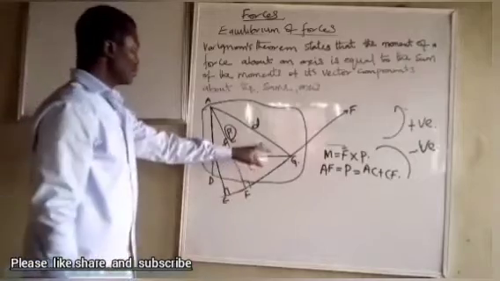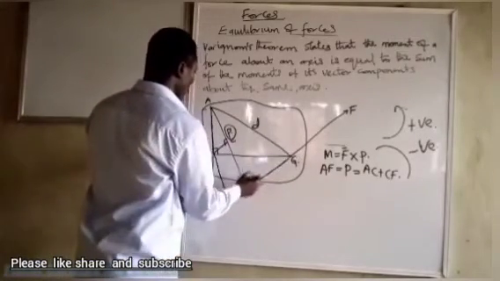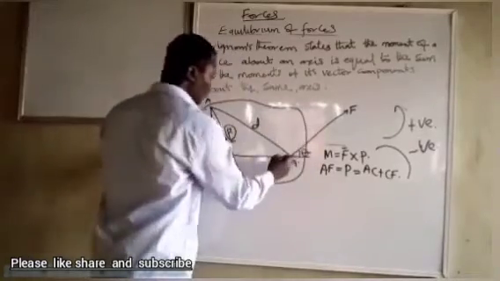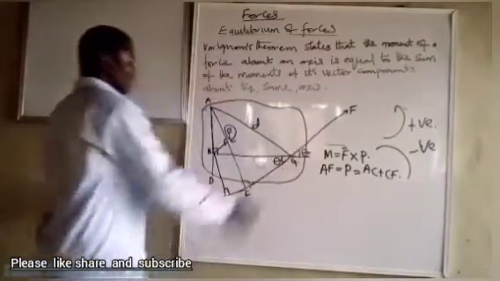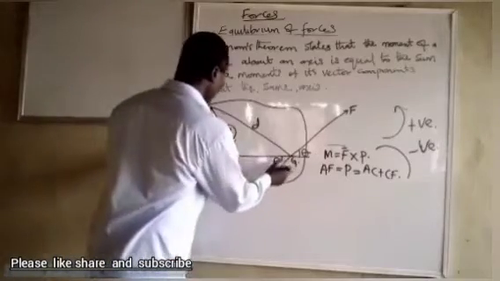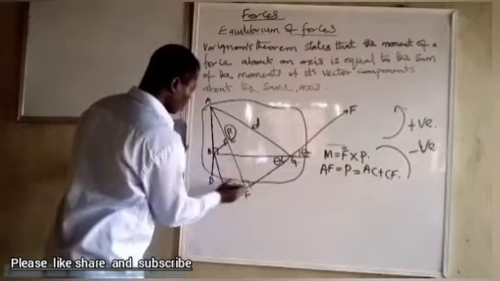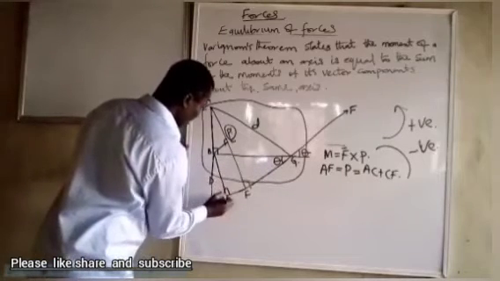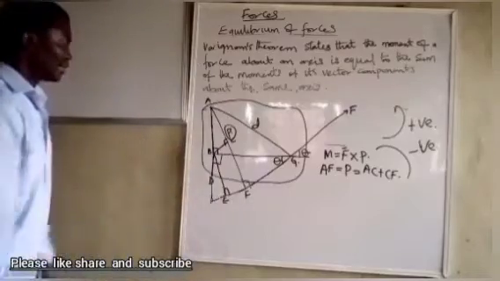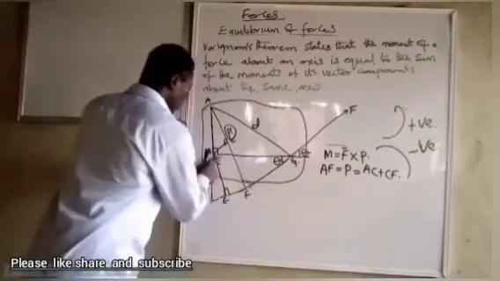Now, let's look at something. This place is theta. That is the angle of the line of action of force. This place will be theta. Vertically opposite angles are equal. Now, if you draw it straight down like this, this place will be like this.